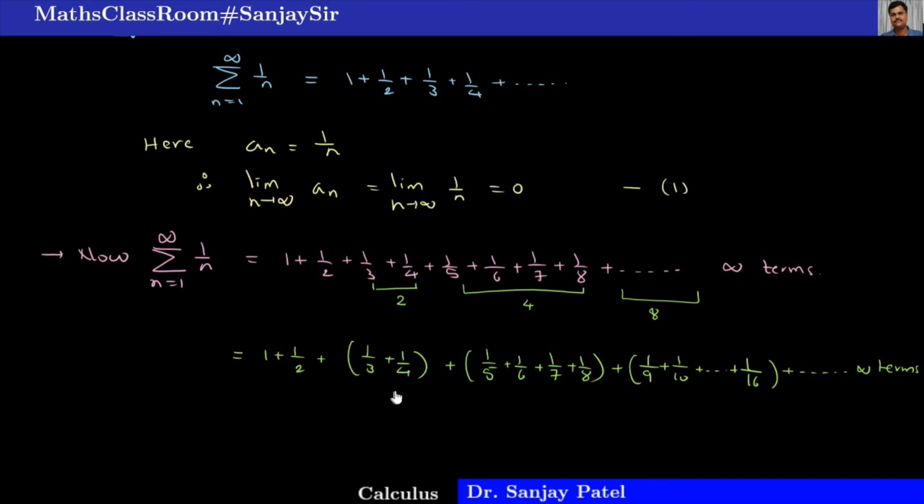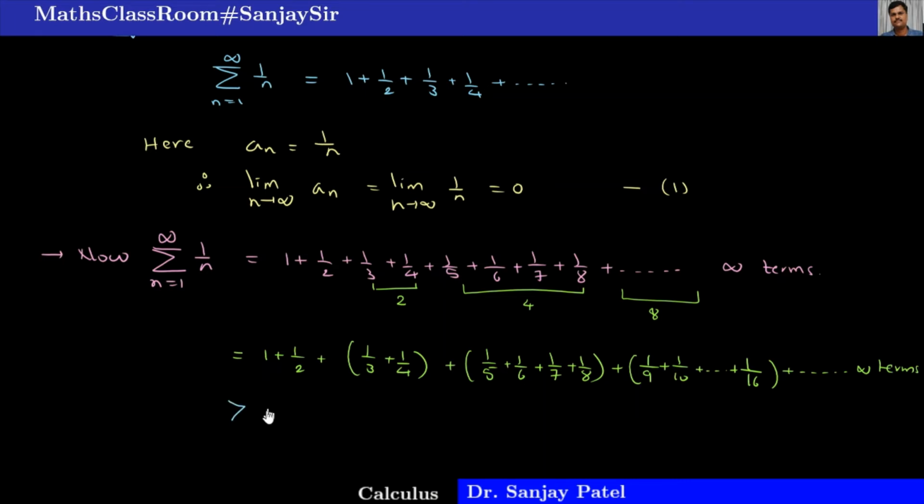What I want to do is replace these numbers by the smallest number. Among 1 by 3 and 1 by 4, 1 by 4 is smallest. As the denominator is more, the value of the fraction is less. So if I replace 1 by 3 by 1 by 4, then this sum is obviously greater than that new sum.